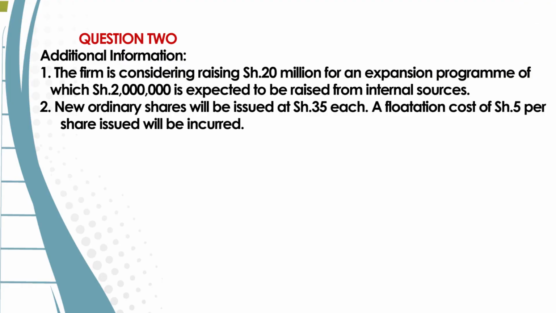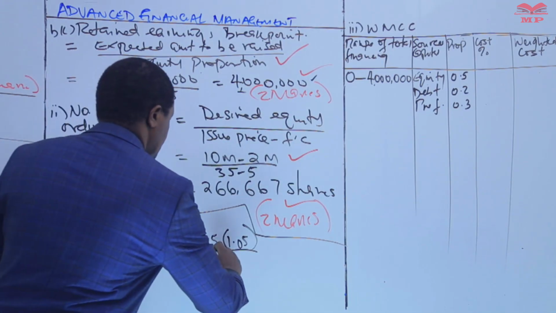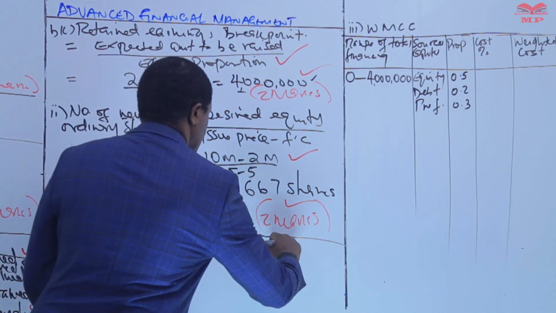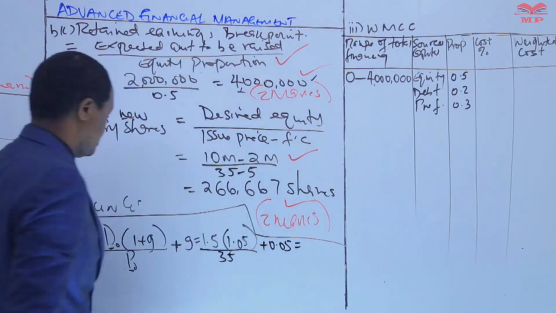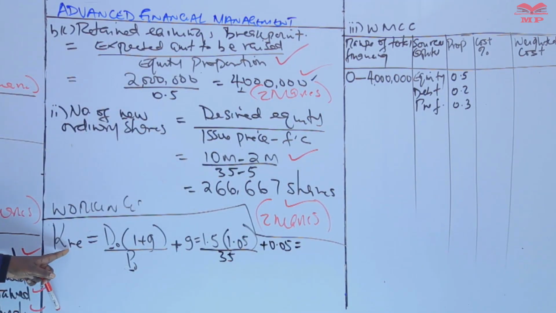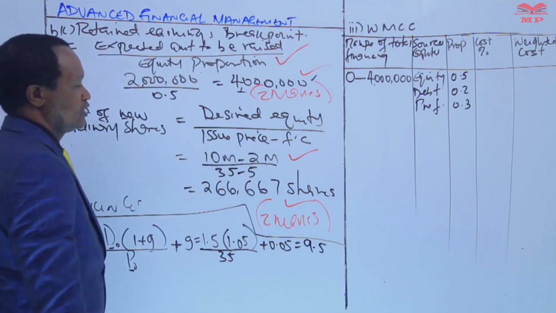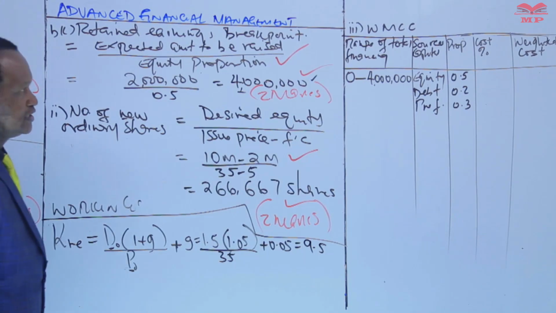New ordinary shares will be issued at 35. Yes, 35. Plus 0.05. That will give us the cost of retained earnings. How much is it? 9.5. Roger says 9.5. So the cost of retained earnings is 9.5.